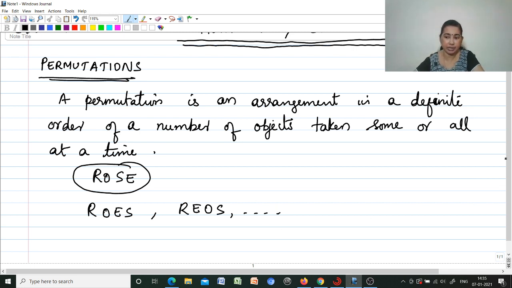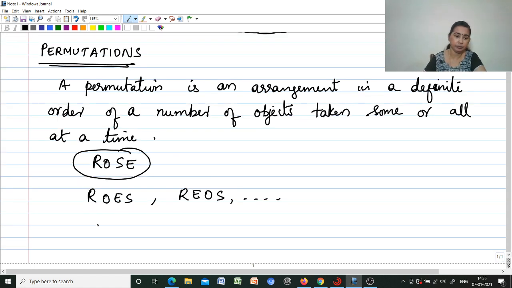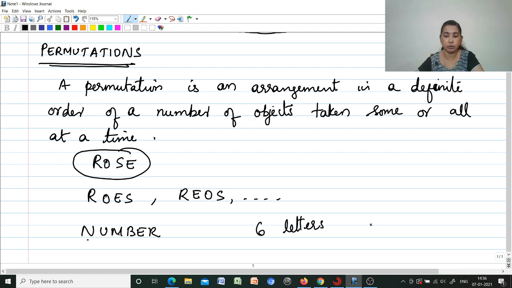So suppose I am taking some other example, NUMBER. We need to find out how many 3-letter arrangements are there, 3-letter word arrangements. So we have to take only 3 at a time. 6 letters are given and we have to take only 3 at a time. We are making 3-letter arrangements.